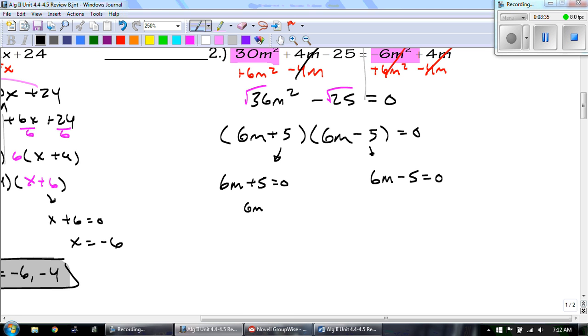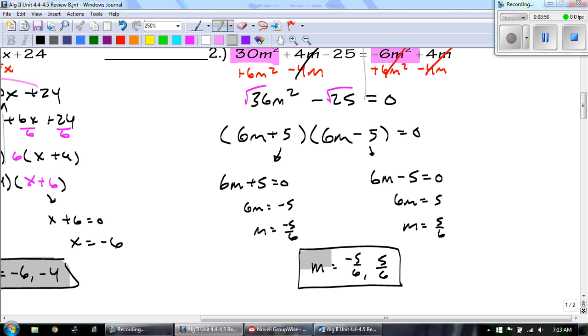I would add the 5 and divide by 6, and subtract the 5 and divide by 6. So we get our answer of negative 5 over 6 and 5 over 6.